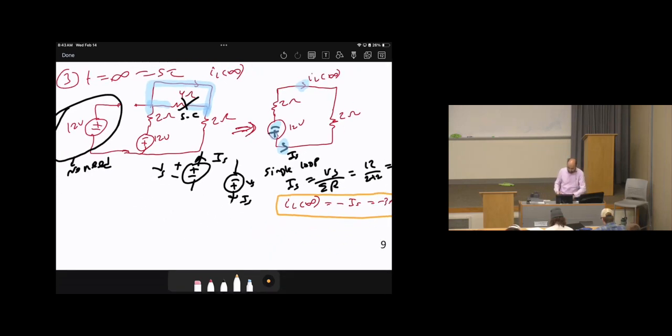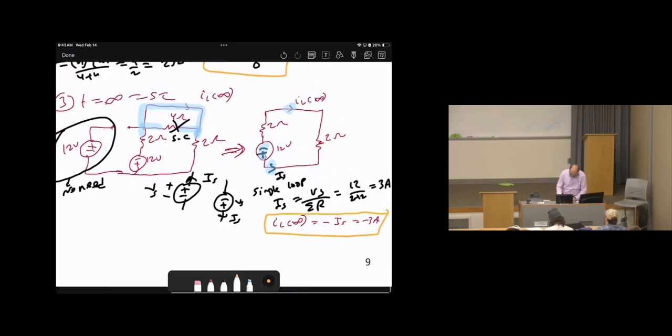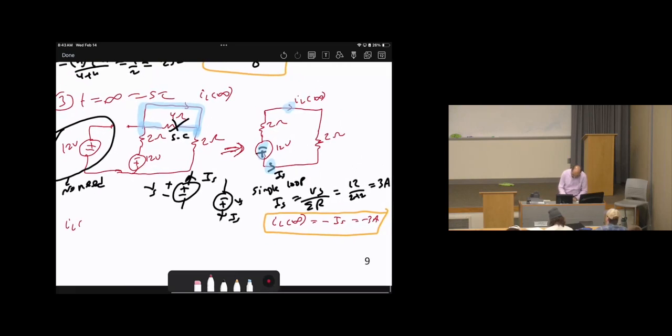The final stage is to substitute this in the equation. So I'm going to write IL of t equals IL of infinity minus IL of infinity minus IL of 0, e power negative t over tau.